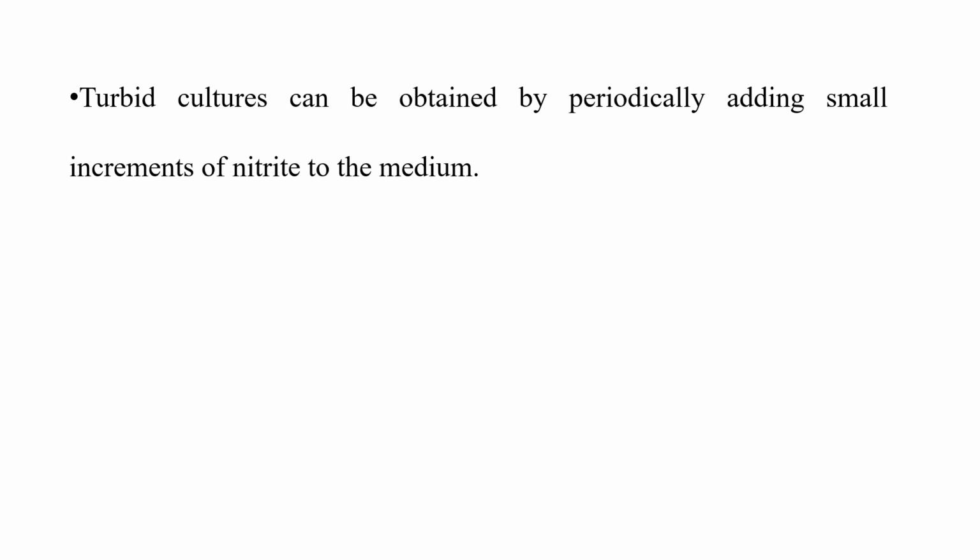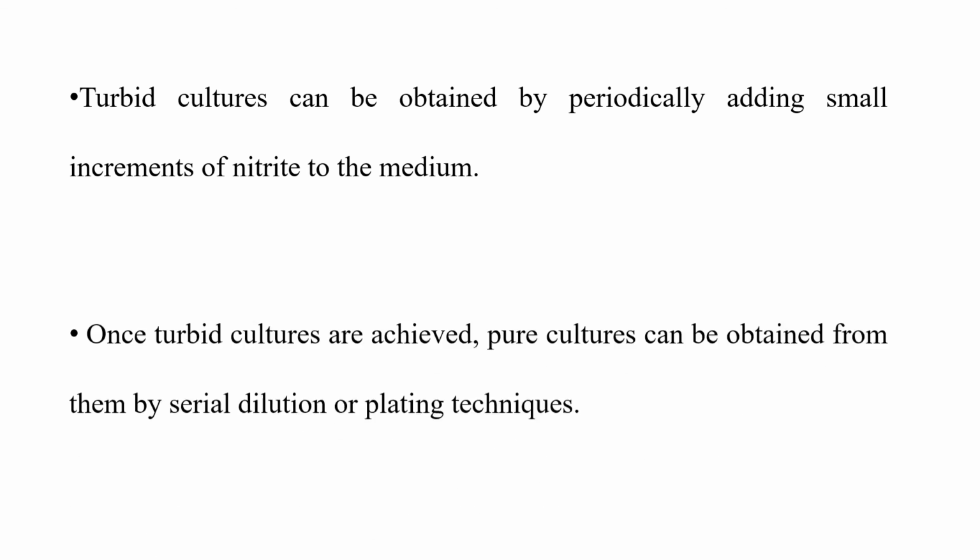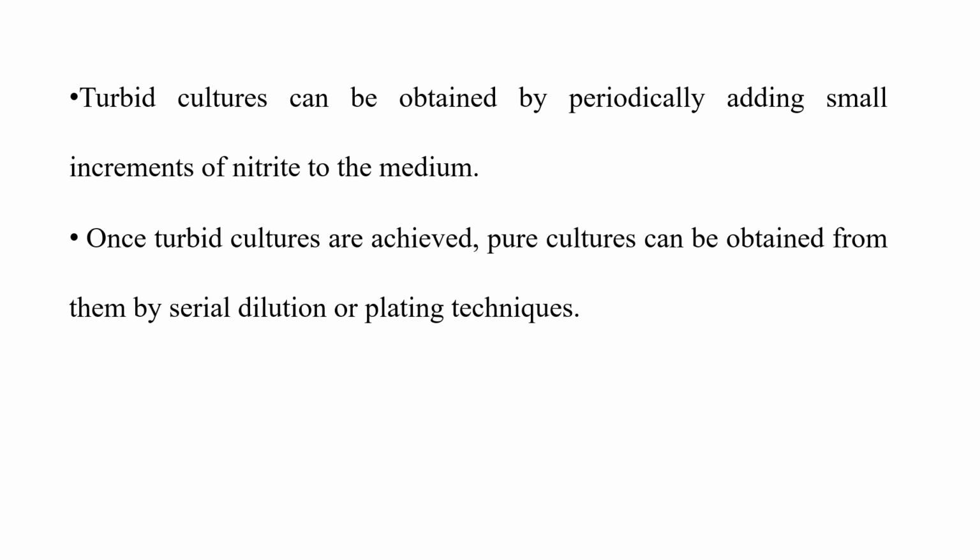To obtain the turbid culture, we can periodically add a small amount of nitrite into the medium. Once you get the turbid culture, then we can go for the methods of obtaining pure culture by using serial dilution or plating techniques.